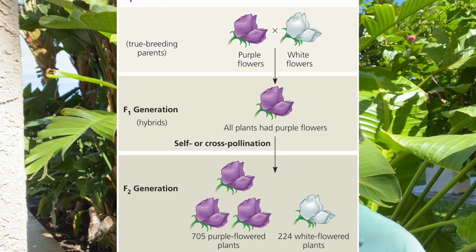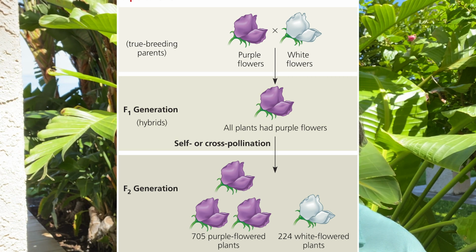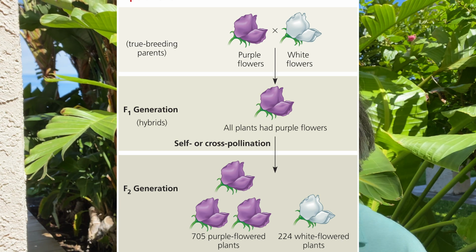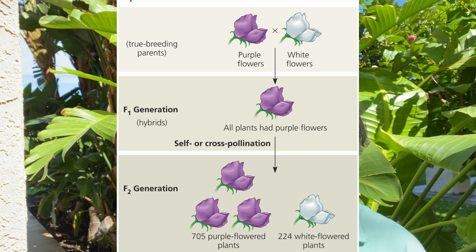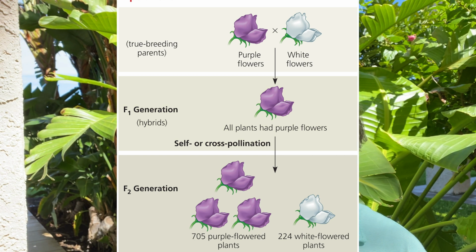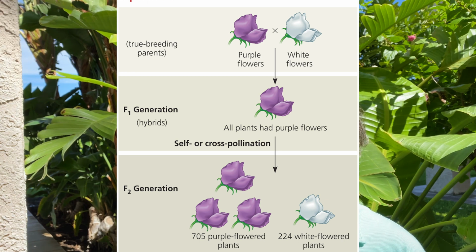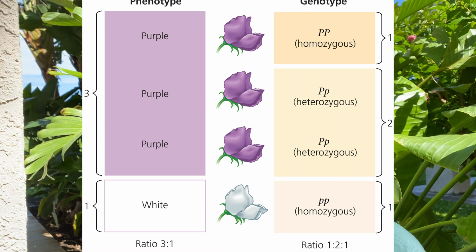He called the F1 crosses monohybrid crosses because he recognized that the trait was governed by just one gene with two alleles, and that those F1s were heterozygous, being hybrids. So when you cross two heterozygotes in a monohybrid cross, you see this 3/4 to 1/4 phenotypic ratio.